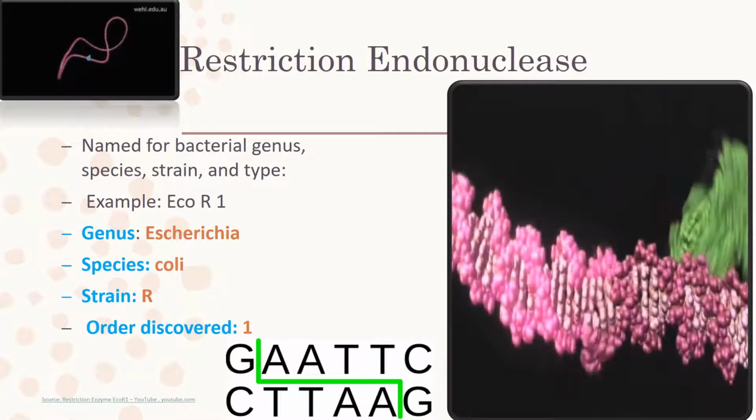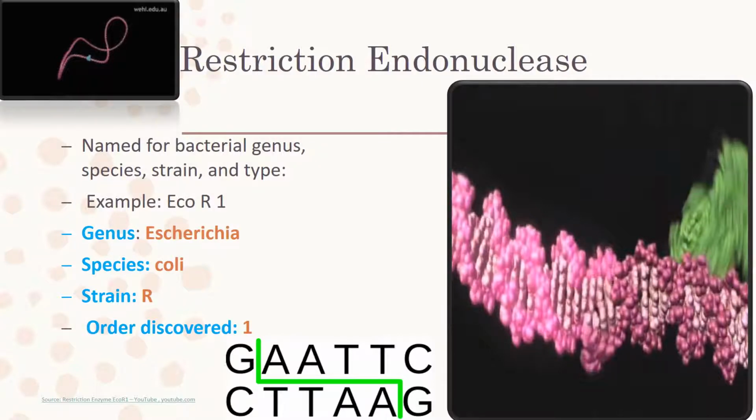The enzyme isolated from the bacteria has to be named with certain rules. As we all know, we use binomials for all living organisms to be followed universally. Similarly, there is also a rule to name an enzyme isolated from a bacterium.